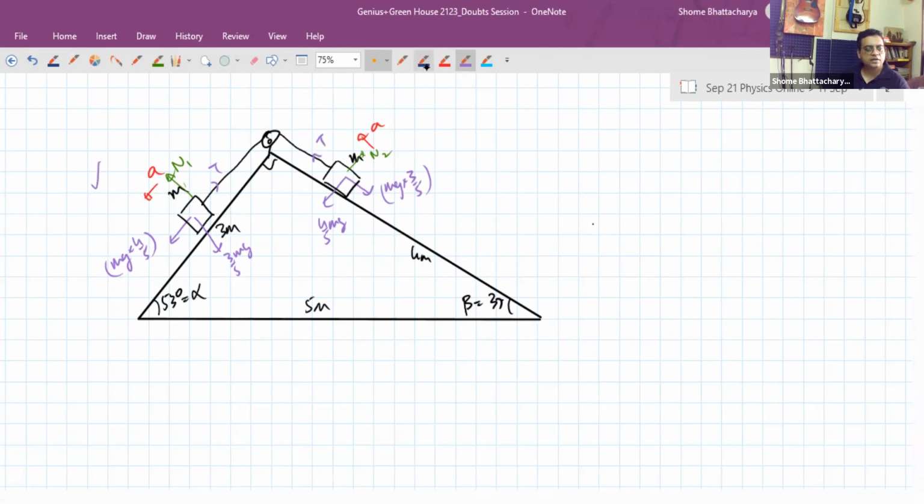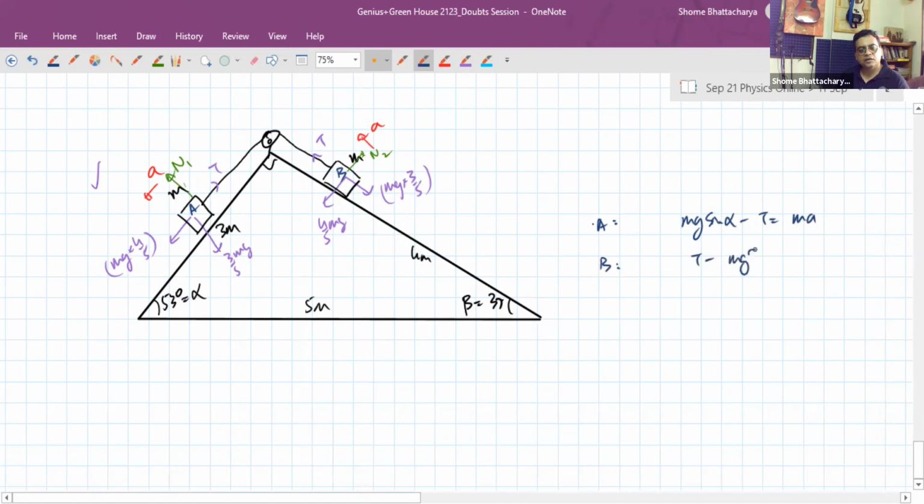Okay, so we will have for the first block, let's say this is block A, this is block B. So for block A, we'll have the equation mg sine alpha minus T is equal to ma. And for the second block, we have T minus mg sine beta, and then we'll just substitute alpha and beta after adding the two equations.